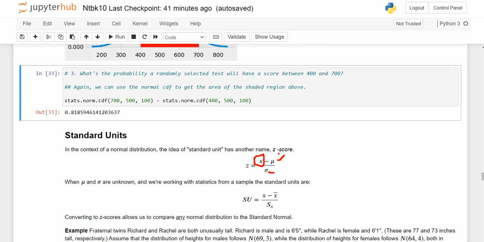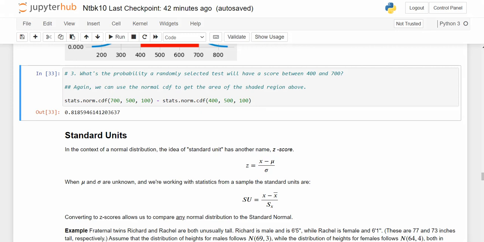If we don't know mu and sigma because we don't know the population statistics, we can always use the sample statistics, where x bar is the mean and s sub x is the standard deviation. The z-score is x minus mu over sigma: the score I'm evaluating minus the mean, and that difference divided by the standard deviation.